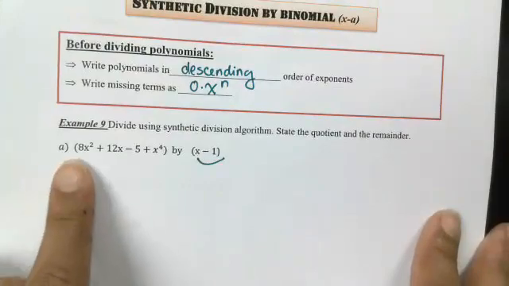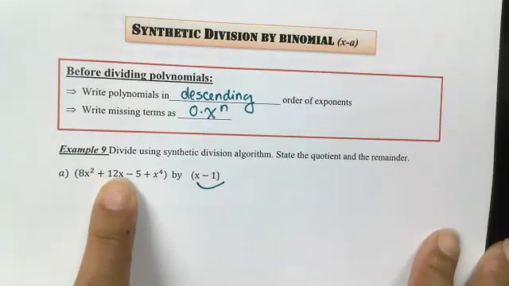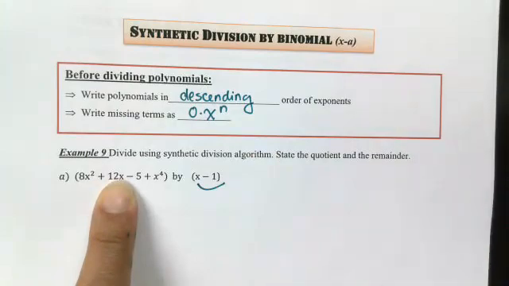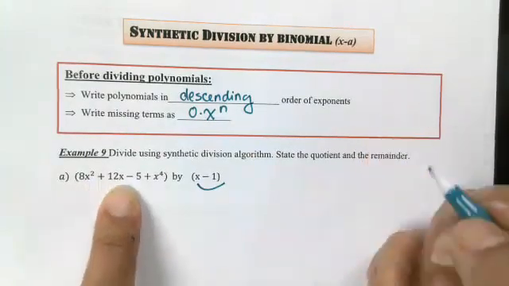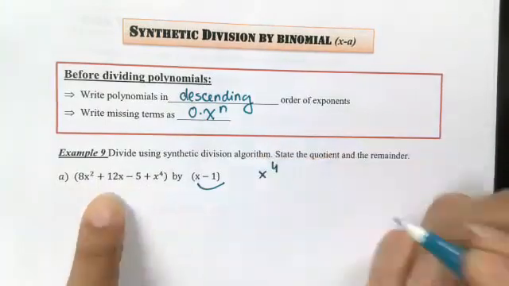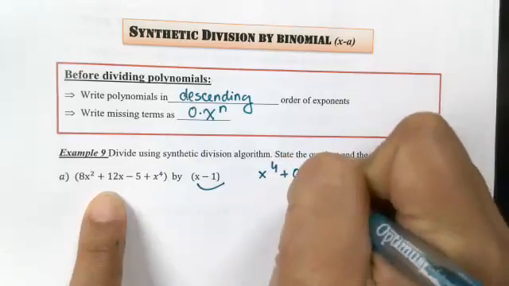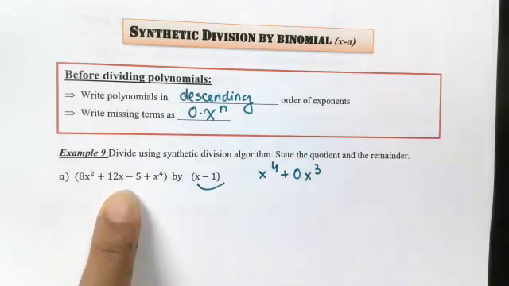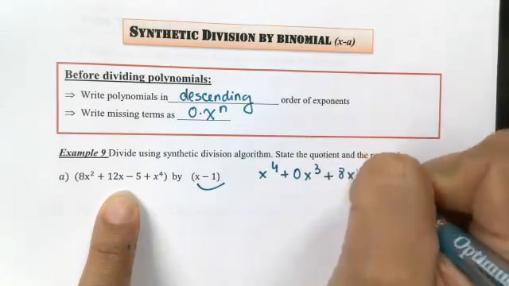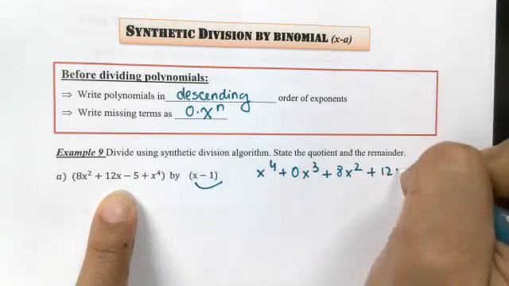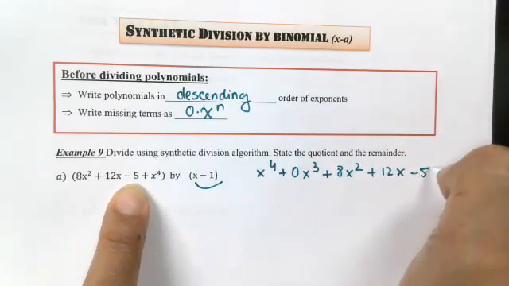So let's first write it in the descending order. I'm going to write it for the first example, but then you can simplify it quite faster without rewriting it. So we have x to the 4 for this one. We don't have cubed terms, so +0x cubed. And then we have +8x squared, +12x and -5.